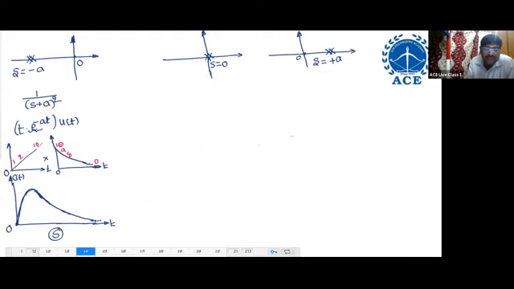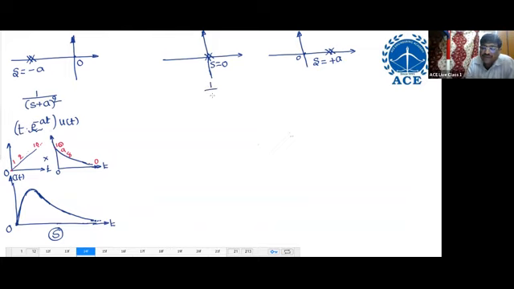So at t tends to infinity, we observe only exponential decay. For smaller values of t, the t term dominates. So the system is stable, even with 1000 repeated poles.